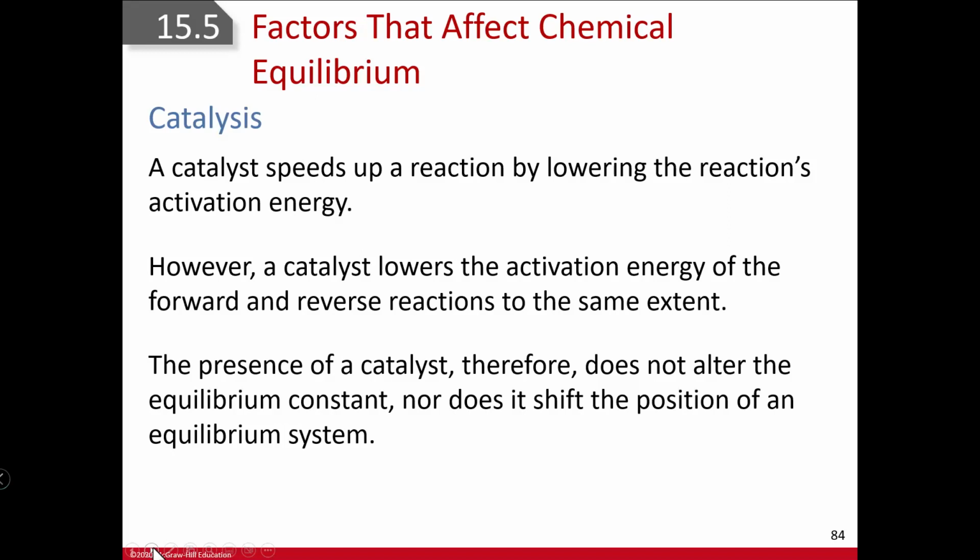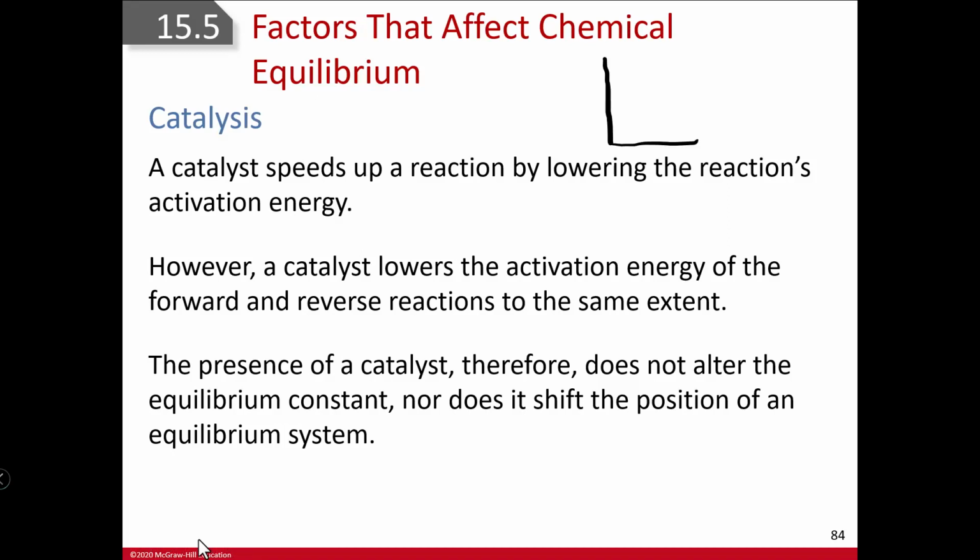So a catalyst does not alter the equilibrium constant and does not shift the position of the equilibrium system. So catalyst has no effect. All that happens is the reaction happens faster, but it doesn't affect equilibrium.